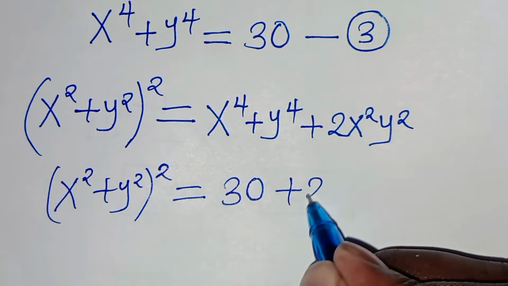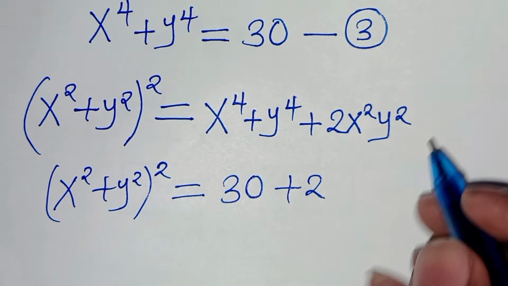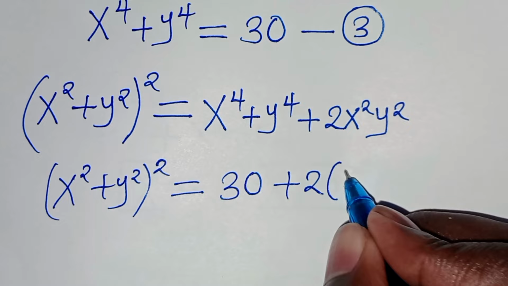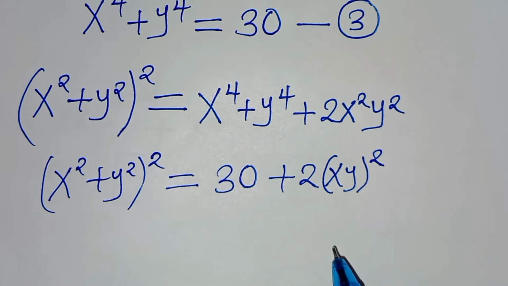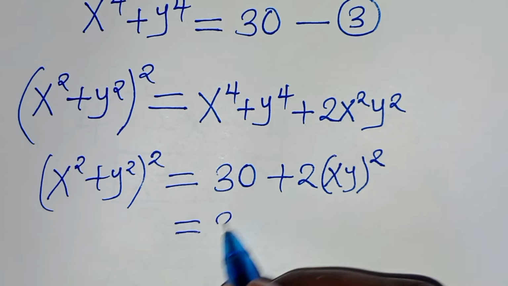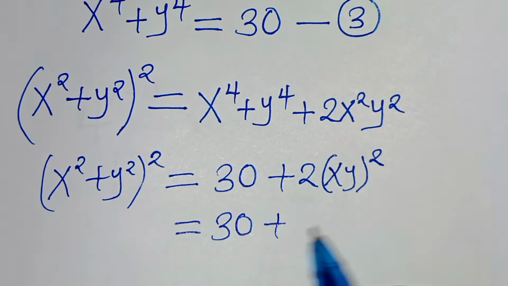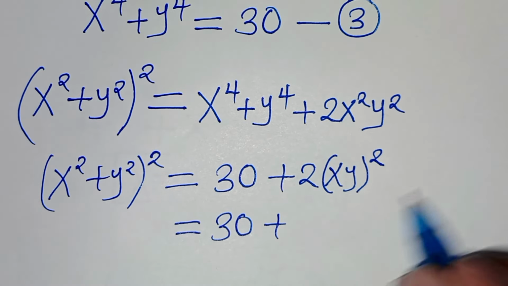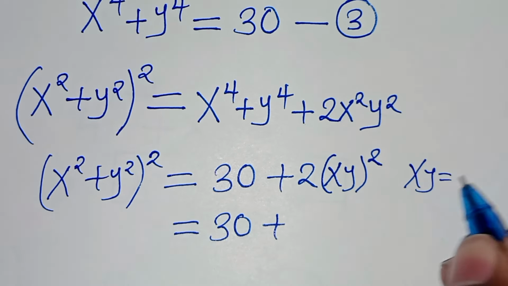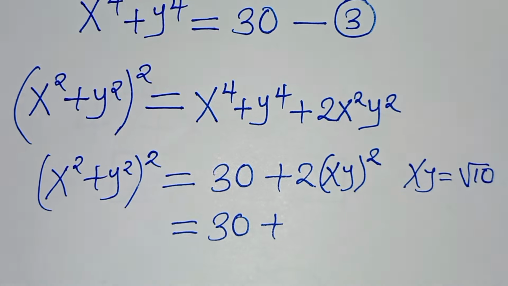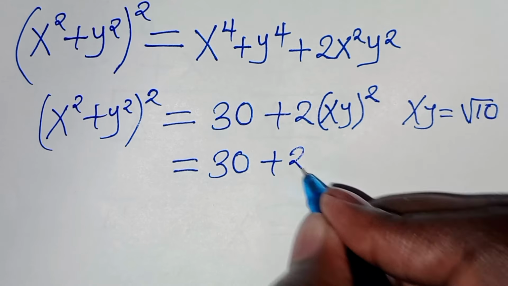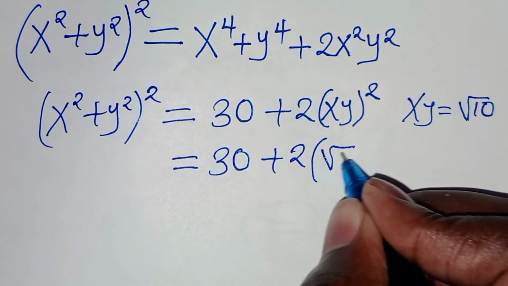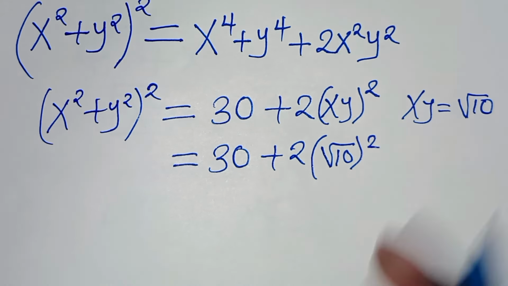then plus 2. Now x² times y² can be expressed as (xy)². And from equation 2, we have that xy is the same thing as the square root of 10. So let's substitute this. Here we have 2 times (√10)².